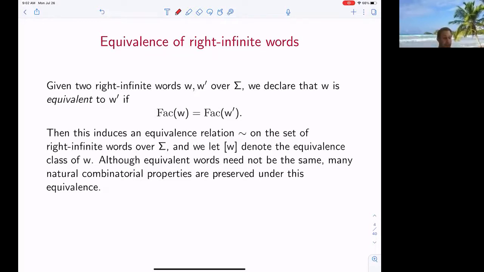So given two right infinite words, we're just going to put an equivalence on these sets of words if their factor sets agree. So it's a very coarse equivalence.